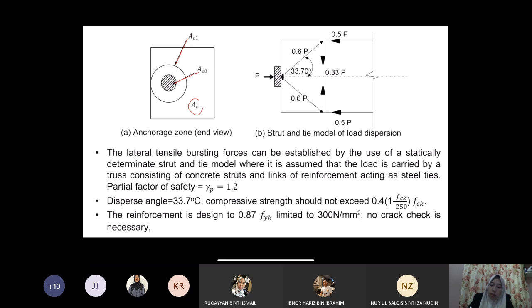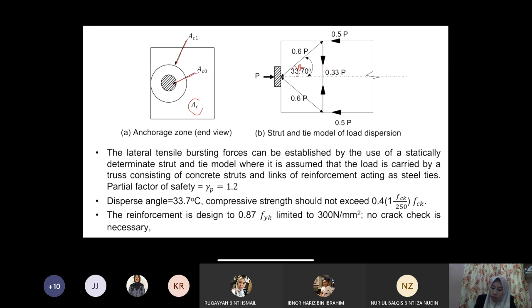And then this is the theta of how the load is dispersed. We take into consideration that the dispersion is about 33.7 degrees, as empirically studied and provided by the code. So we take the partial safety factor around 1.2.